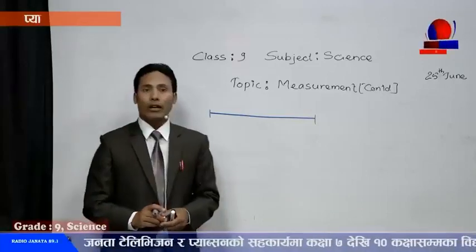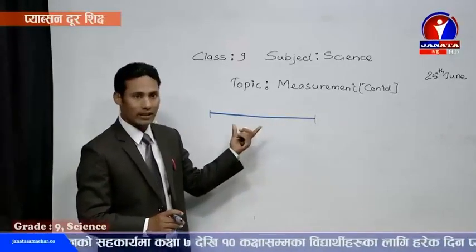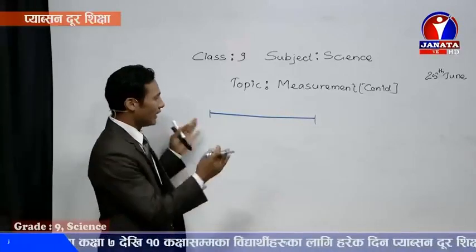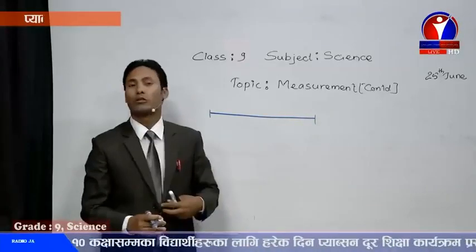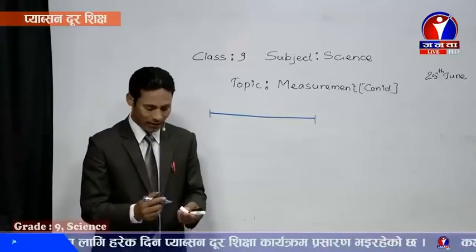Now, for measuring the length, there should be some standard unit. For example, what is the length of 1 meter? That should be known, and that is known as the 1 standard meter.